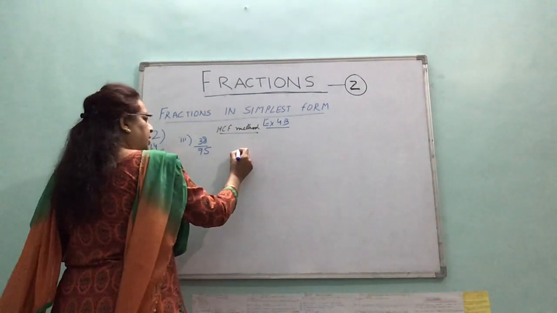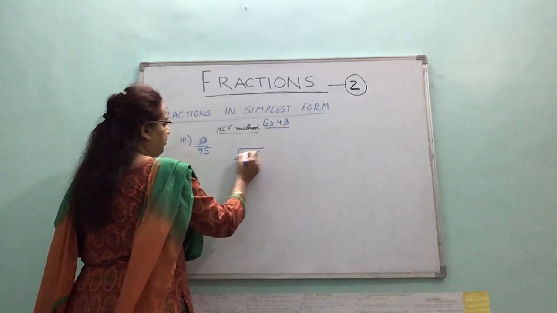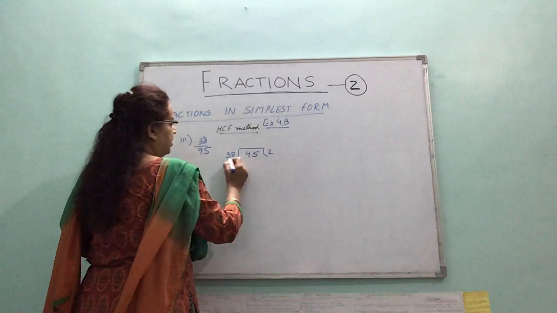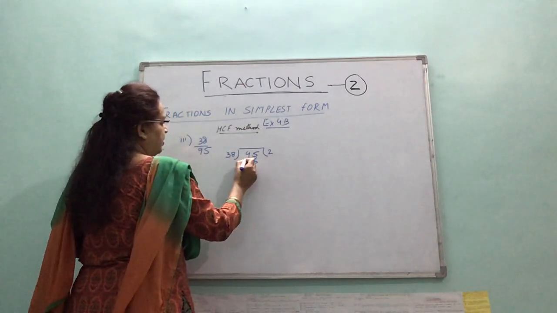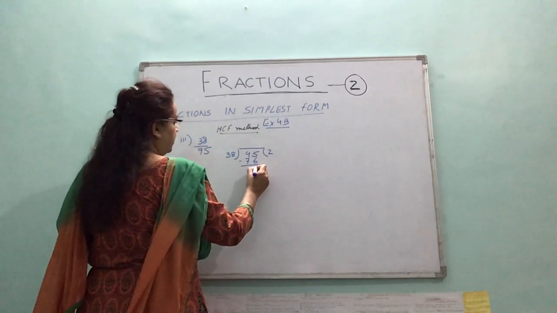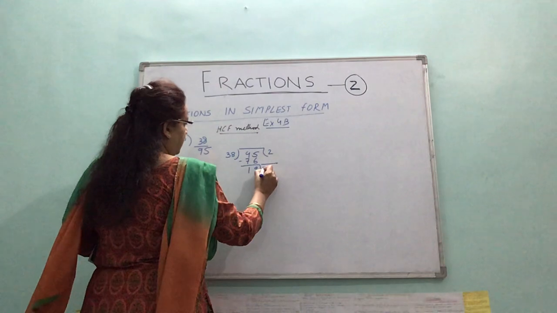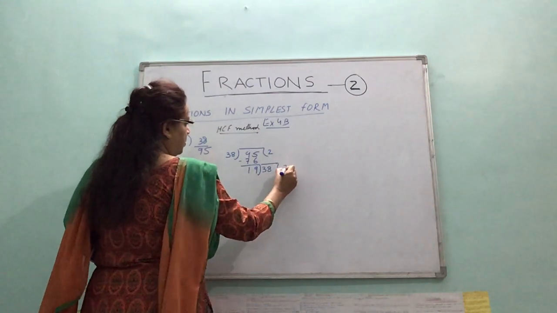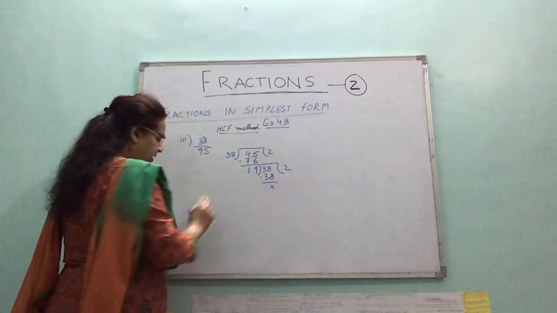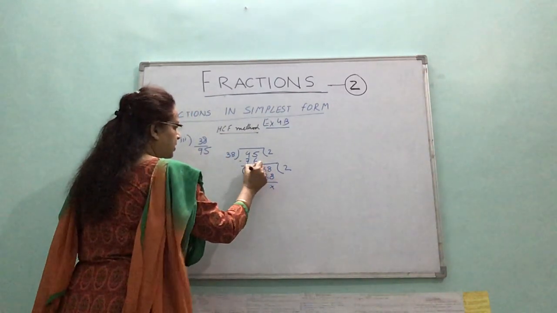Alright, HCF I will do by long division method. 95, 38. 2 times 38 is 76. 95 minus 76, 19. 19 into 2 is 38. The last divisor is the HCF. So this is the HCF.